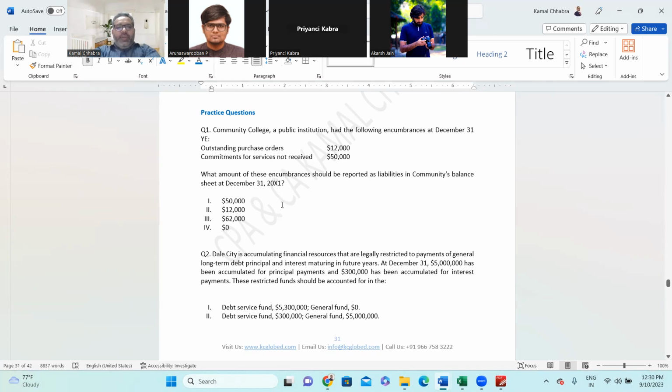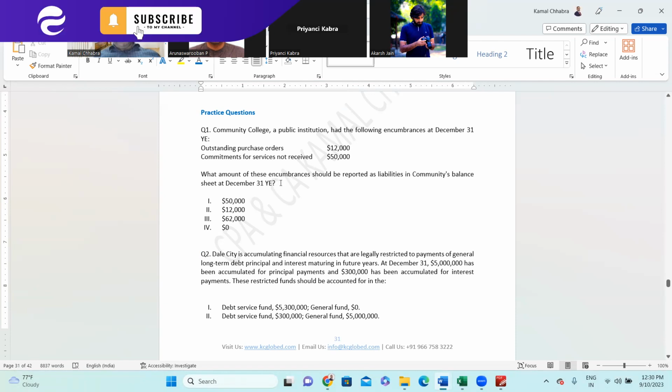What amount of these encumbrances should be reported as a liability in the balance sheet at year end December? So this is called commitment. Do we need to report the commitment in the balance sheet? Like an open purchase order, an open commitment.